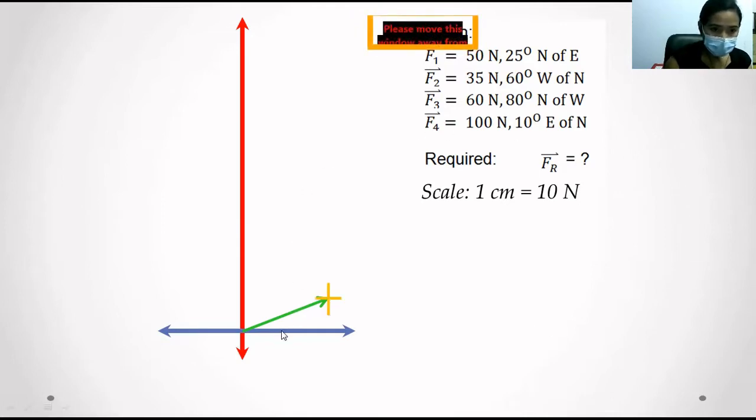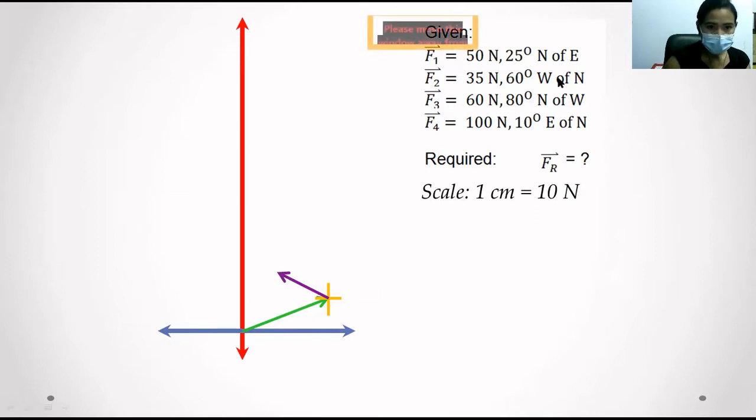By the way, this is 25 degrees north of east. So we need to have another direction guide here so that you will be placing your protractor over here to measure another 60 degrees west of north. So this would be 3.5 centimeters in length.